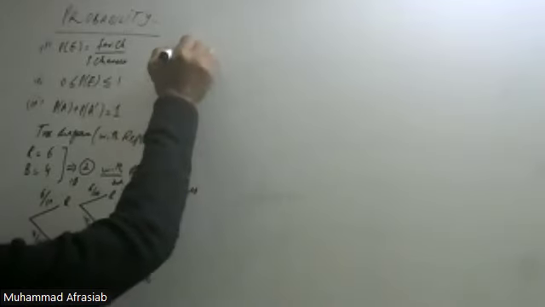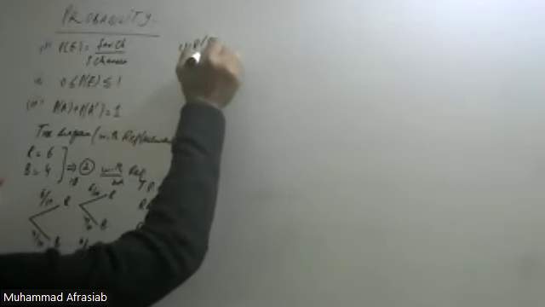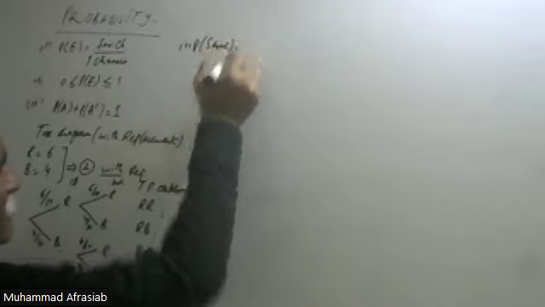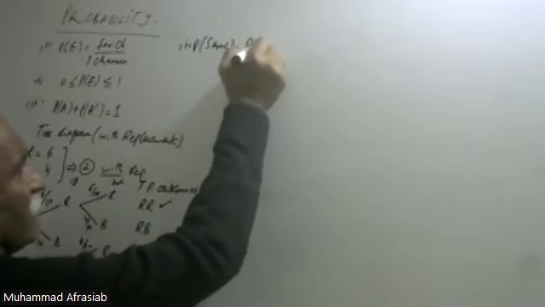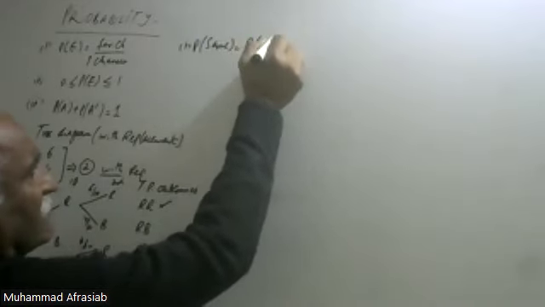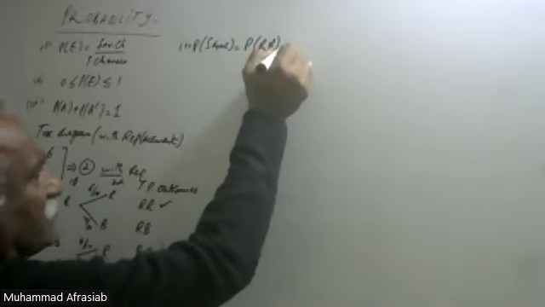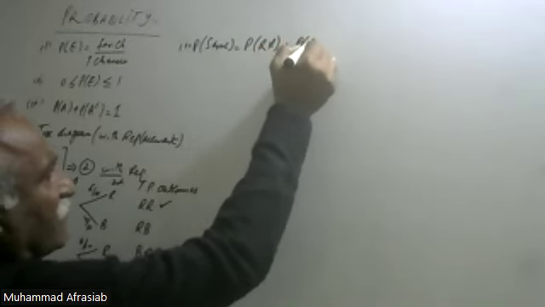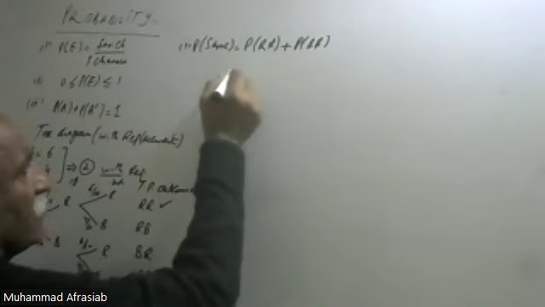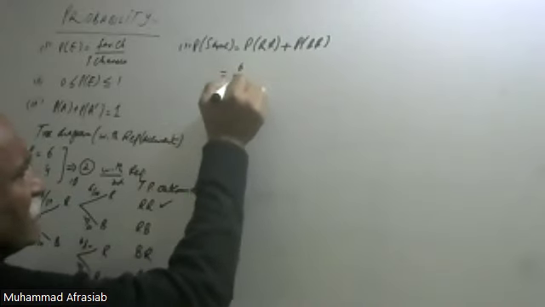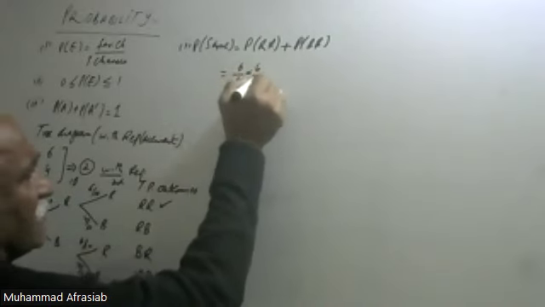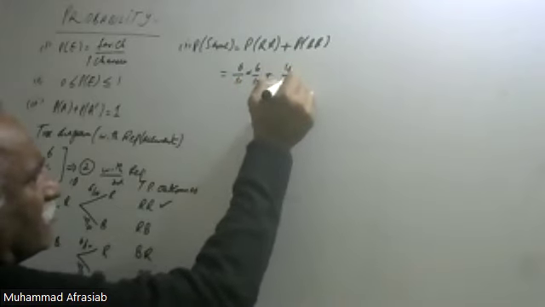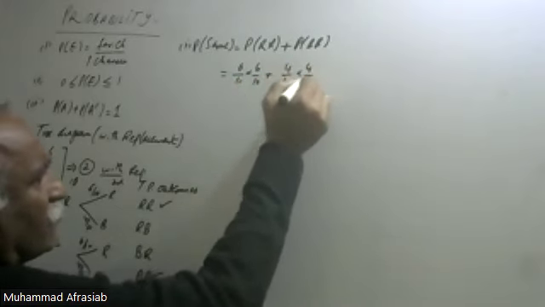Now, you are asked to find the probability of the same color. That means the same color is red-red and blue-blue. So we will write it here: probability of red-red, and probability of blue-blue. So this is going to be 6 by 10 into 6 by 10 plus 4 by 10 into 4 by 10.